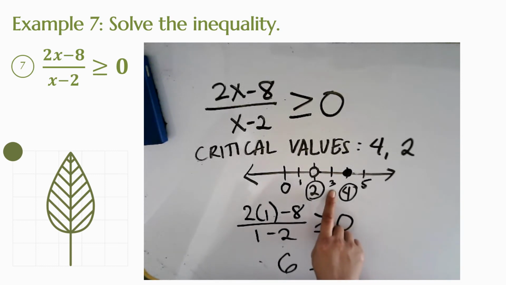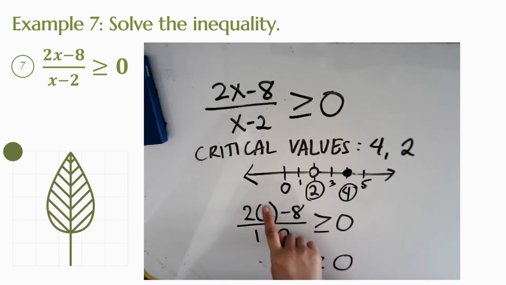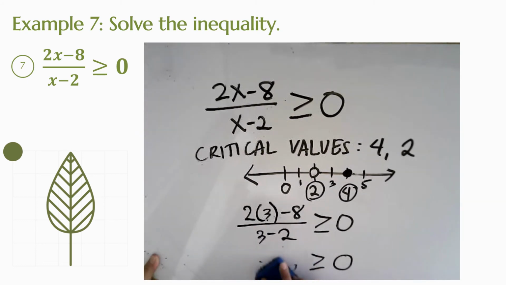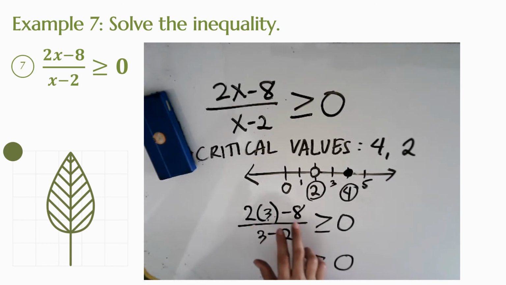Alright, now let's try 3. We're going to replace x by 3. So 2 times 3 is 6, minus 8 is negative 2, and then 3 minus 2 is 1. Negative 2 divided by 1 is negative 2. Now, is negative 2 greater than or equal to 0?